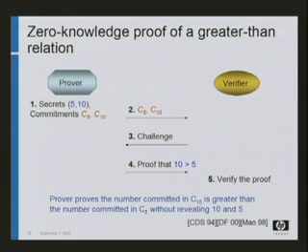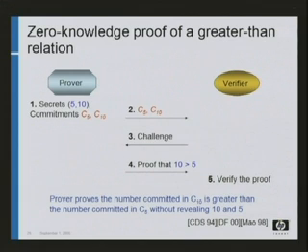The verifier eventually will get a proof that says the commitment of the first number and the commitment of the second number satisfy the relationship, the inequality shown here.